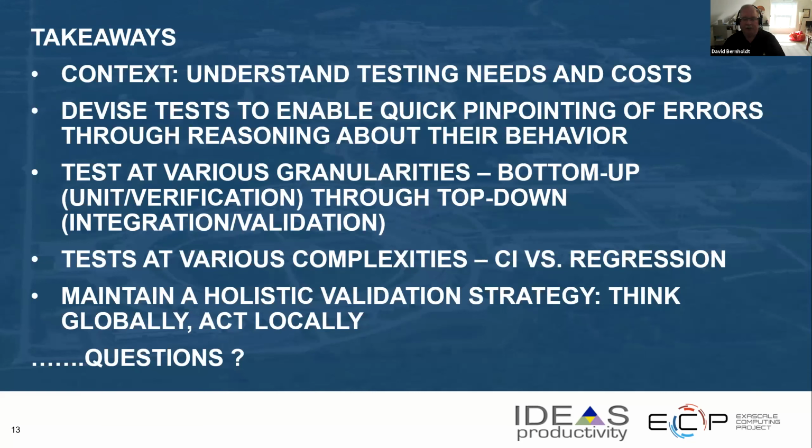You want to ensure that you have testing at various granularities, as much at the bottom as you can, but don't forget the integration testing and the higher level validation testing.